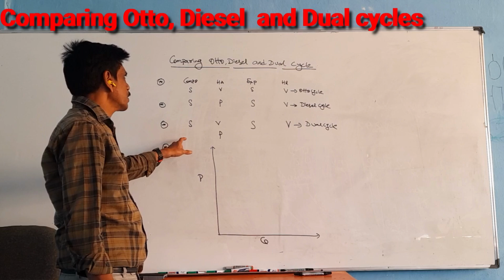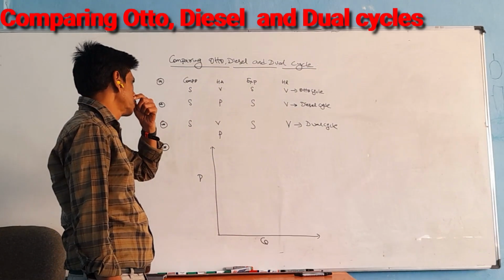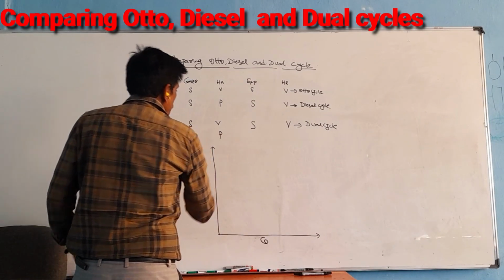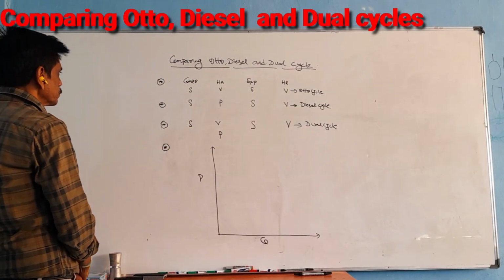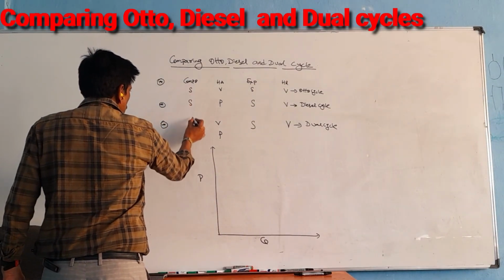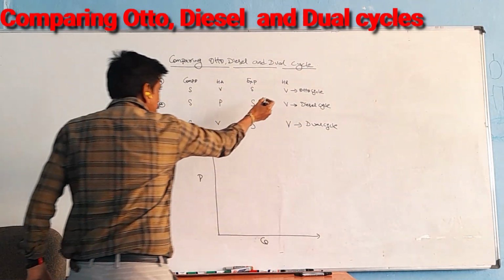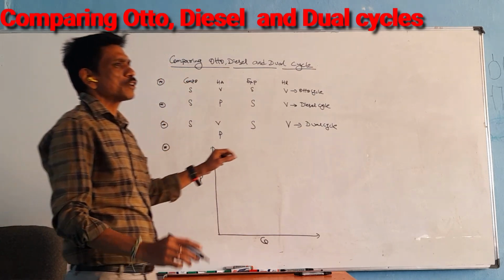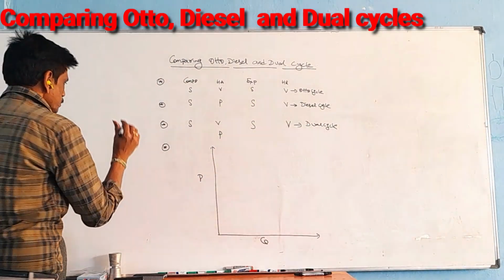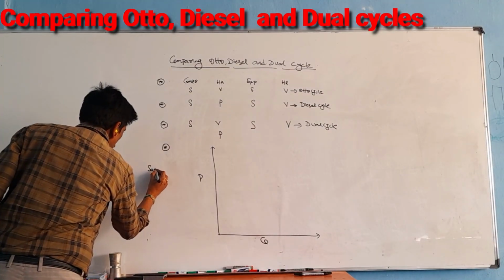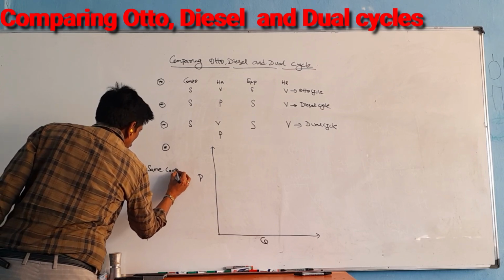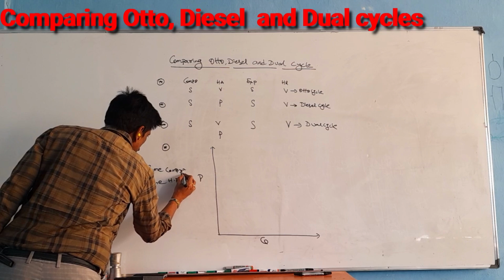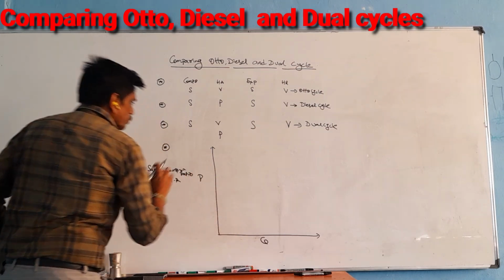First, the case that is maintained is that the compression ratio is the same. So for the same compression ratio and the same heat rejection, the first process and the final process are maintained the same for all the cycles. Now I am drawing the cycles.